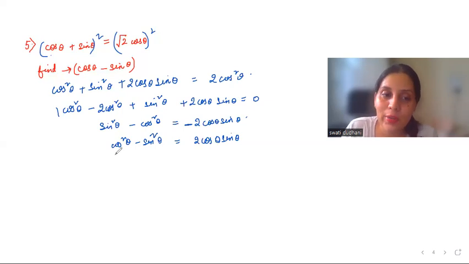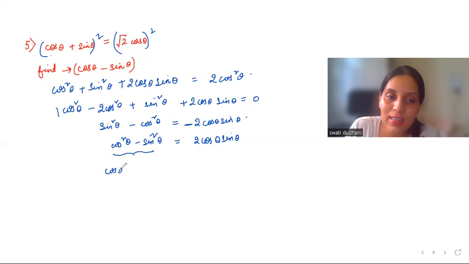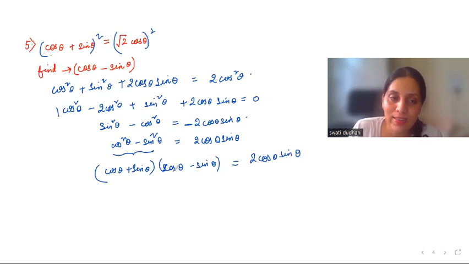Now here I can apply a square minus b square, which is a plus b into a minus b, is equal to 2 cos theta sine theta. And again, I need to find cos theta minus sine theta. Cos theta minus sine theta is equal to 2 cos theta sine theta divided by this one.